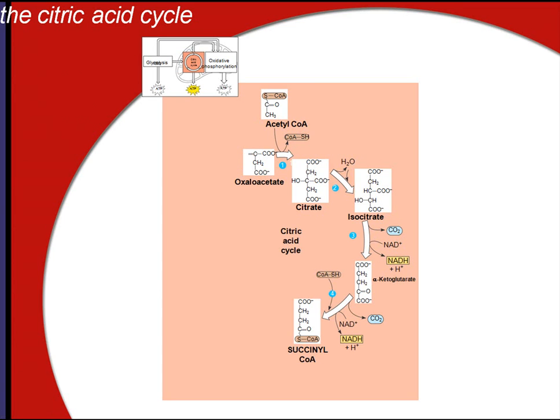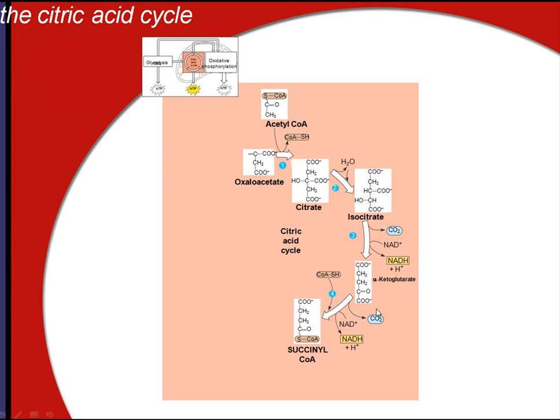As you look at this, you can see that the hydrogen here and the hydrogen here have been removed to form the NADH. And we also have removed a carbon dioxide right here. We now have a 5 carbon sugar, alpha ketoglutarate, remaining.